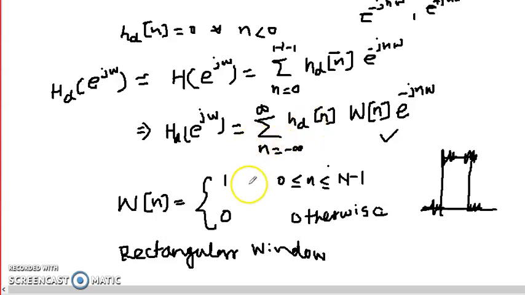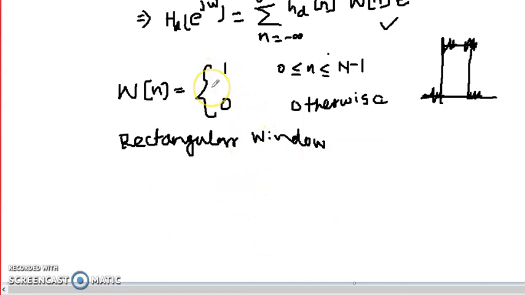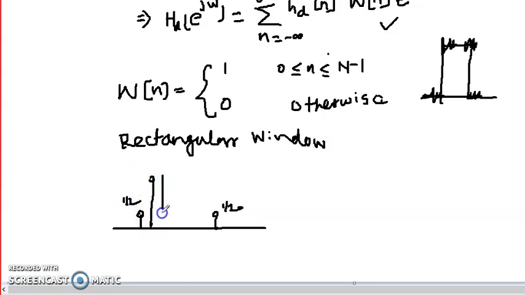For example, this is the rectangular window. Rectangular window is this. Okay, there could be a modified rectangular window, where what we do is we make the first term and the last term half, and the rest of the terms here 1.